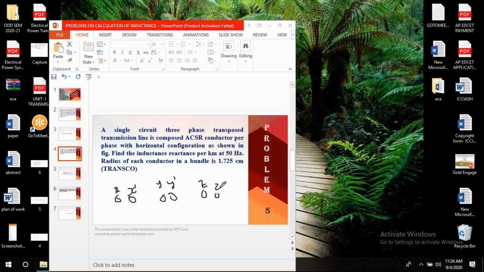So this is the meaning of a single circuit three phase transposed transmission line. It has the three phases R, Y, B. This is the meaning of this sentence. If you understand the sentence, then you can easily calculate the inductance value. Okay? So first of all, note down the question.